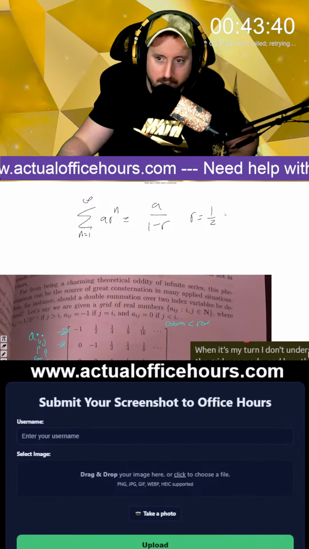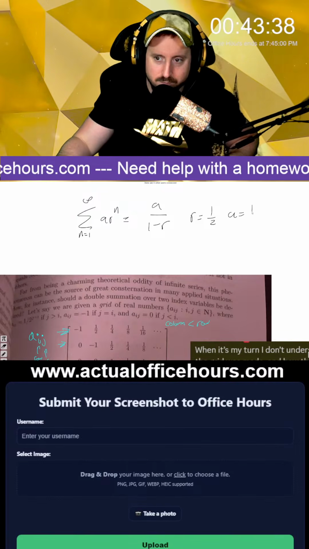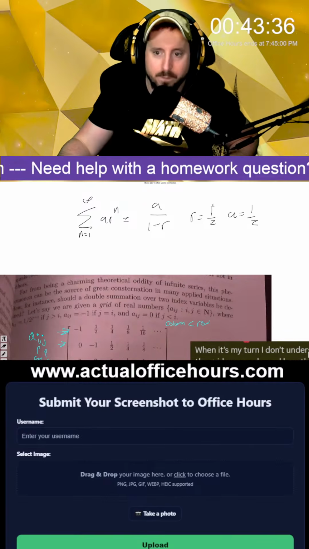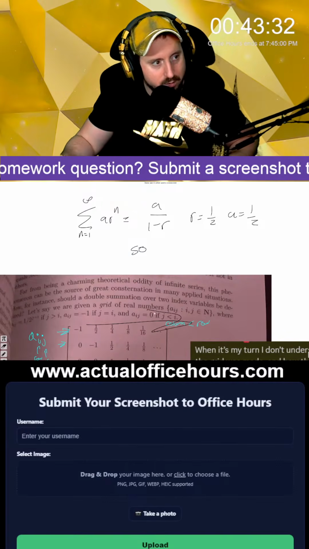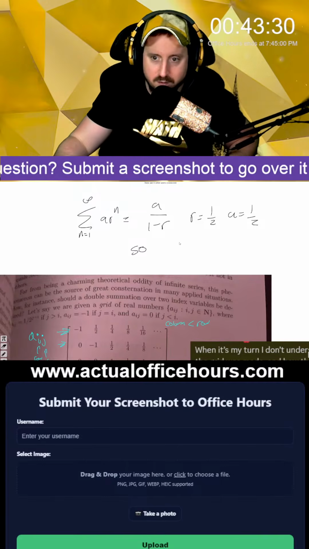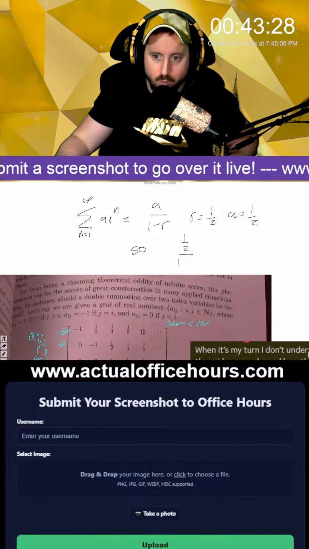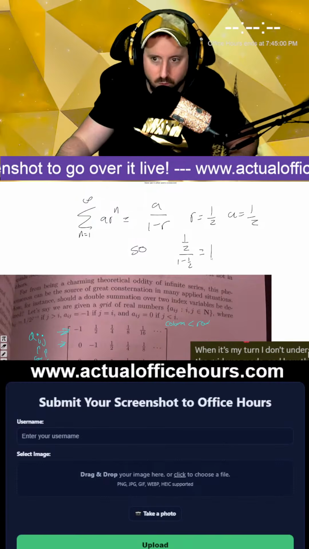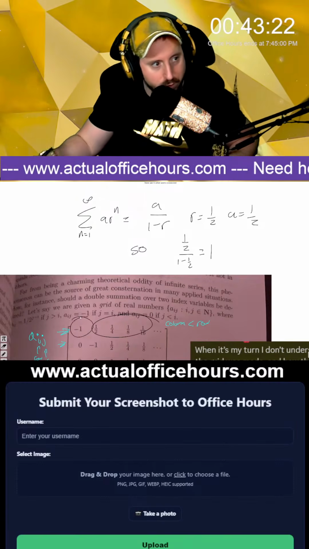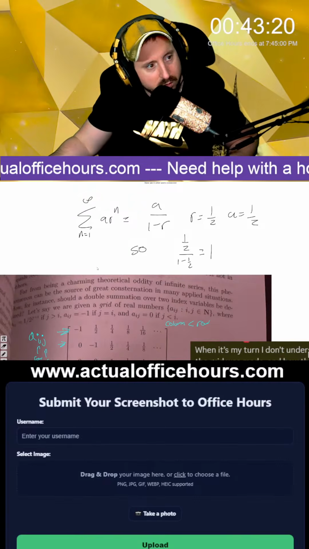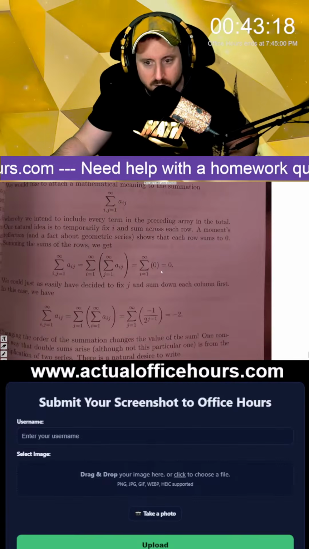So r equals 1/2, a equals 1/2? Yep. So when you sum across this way, Haunted, that becomes 1/2 over 1 minus 1/2, which is just equal to 1. And then the sum of that plus that will be equal to 0. That's super cool.